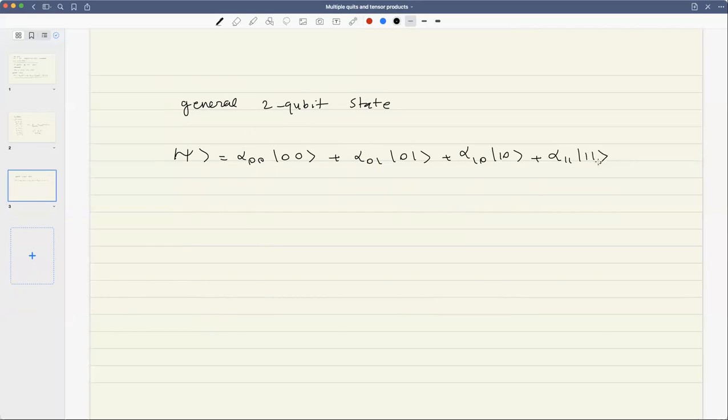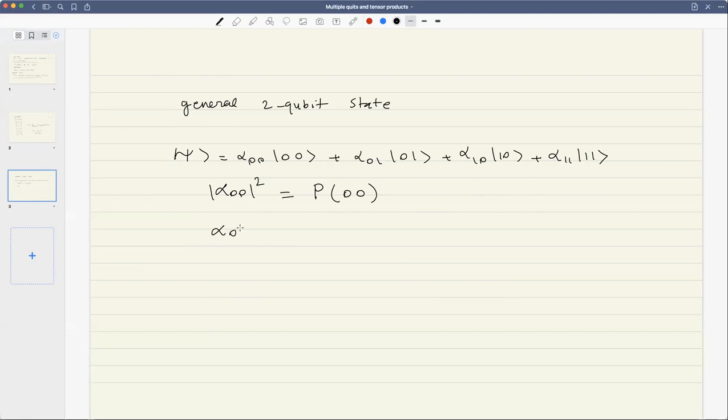Okay. So then again, the interpretation in terms of probabilities is going to be very similar. Now each of these numbers, absolute value squared, again, these are some general complex number, is going to be the probability that if I make a measurement in the computational basis on both qubits, I find 0, 0. I find both of them to be 0. So that's going to be the probability of 0, 0.